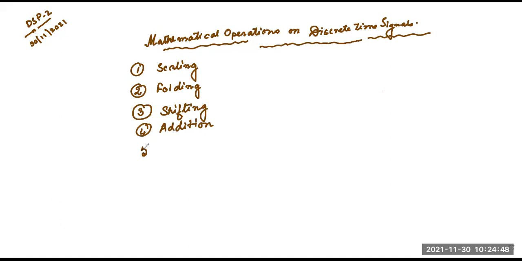And five is multiplication. So these are the operations, mathematical operations on discrete time signals.